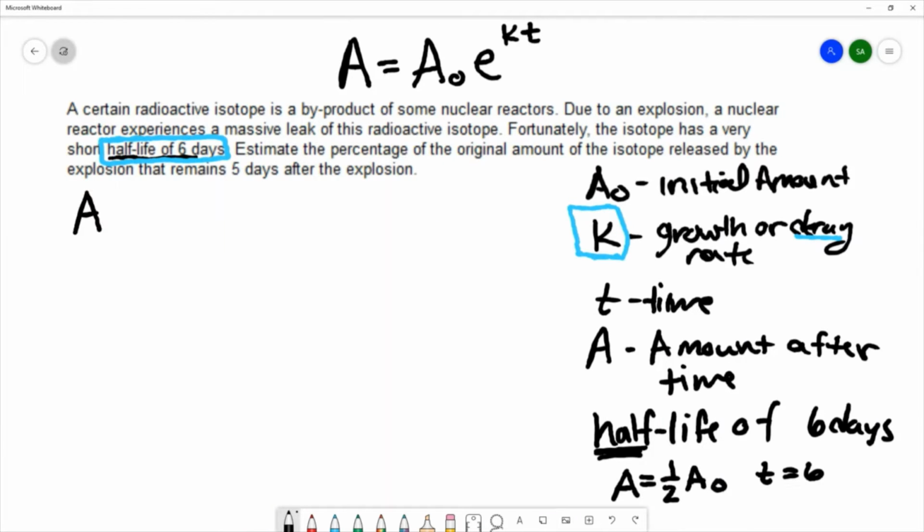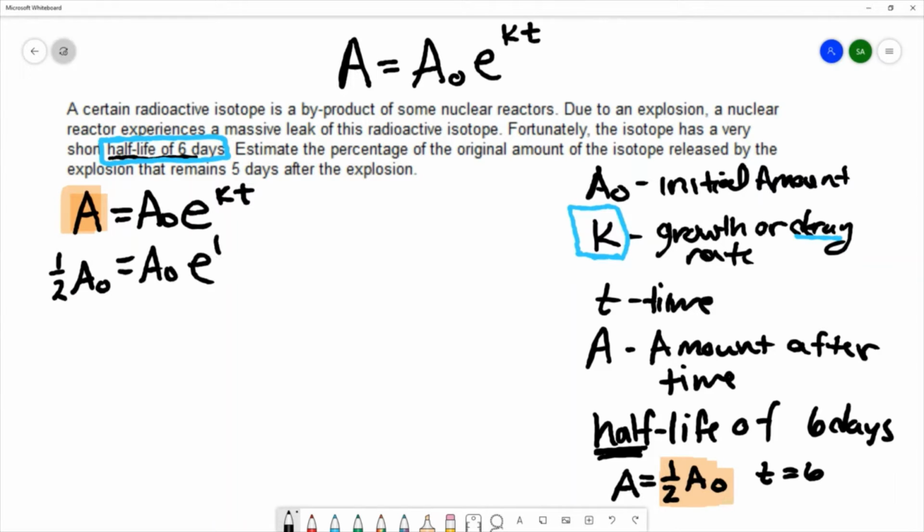We have A equals A naught e to the kt. In for A, I'm going to substitute 1/2 A naught, because we're going to go to half of what we started with. We'll leave that A naught alone, and we're going to substitute in for time the 6 days, which is the half-life.